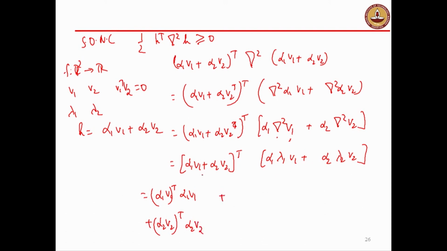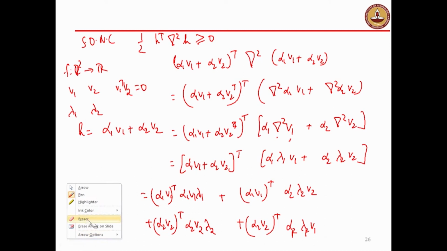Then there will be cross terms, alpha 1 V1 transpose alpha 2 lambda 2 V2, plus alpha 2 V2 transpose alpha 2 lambda 2 V2. The alphas and lambdas are all scalars.